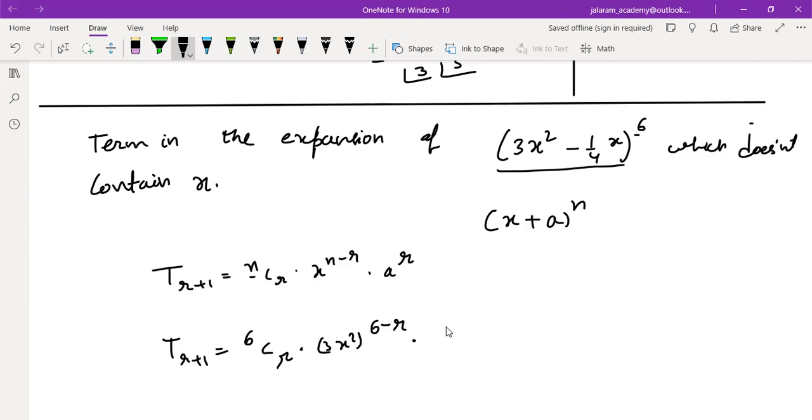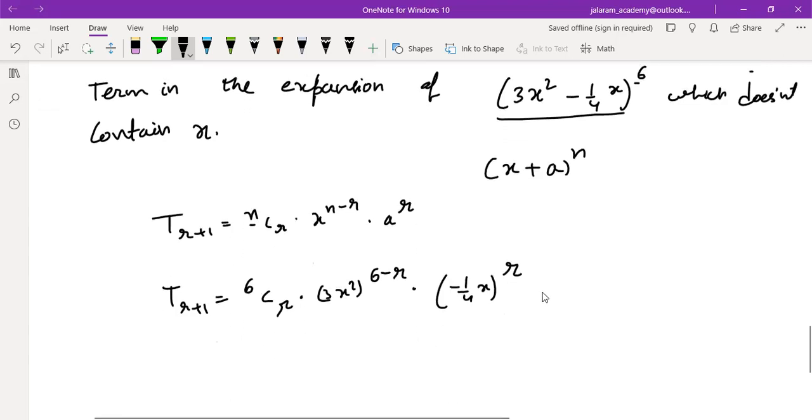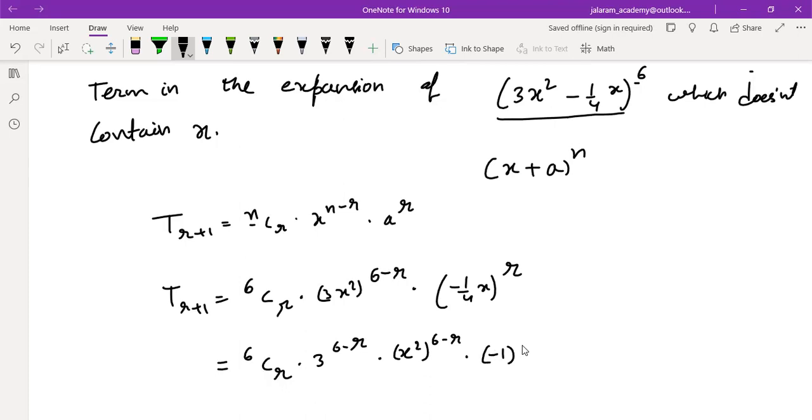In place of a, it is minus 1 by 4x whole to the power r. Simplified: 6Cr into 3 to the power 6 minus r, x square whole to the power 6 minus r, into minus 1 to the power r, into 1 by 4 whole to the power r, into x to the power r.